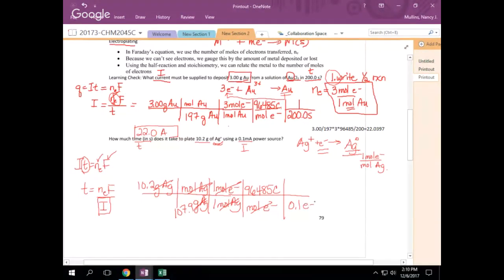Milli means 10 to the minus third amps. I'm dividing by it, that means multiplying by a fraction. And how does amps relate to coulombs? One amp is a coulomb per second.